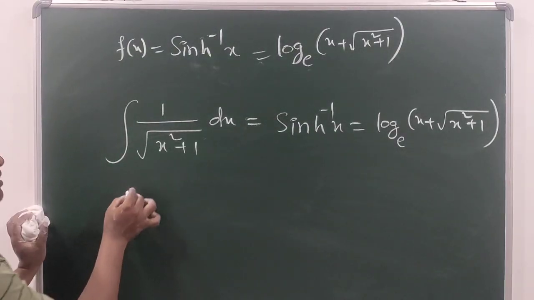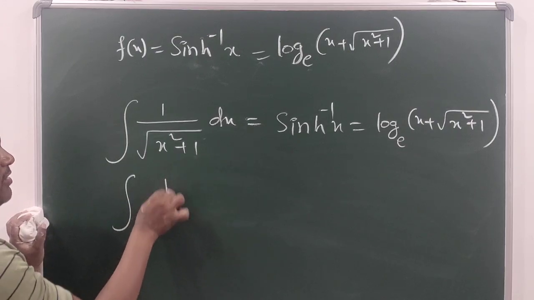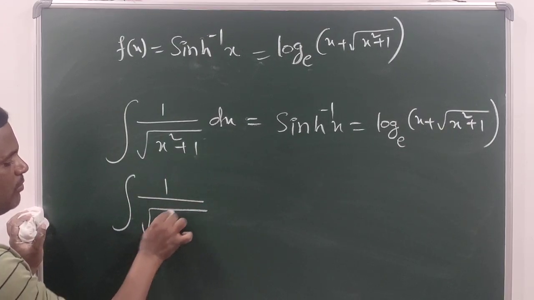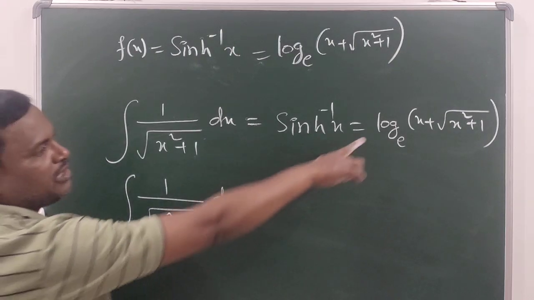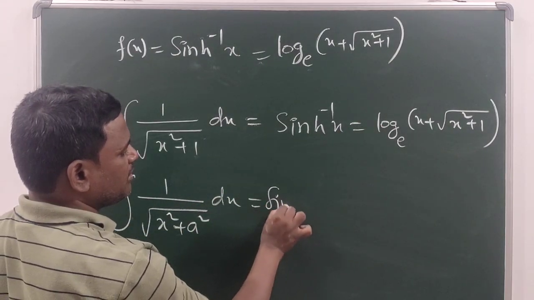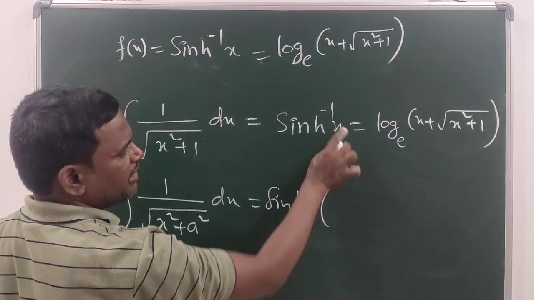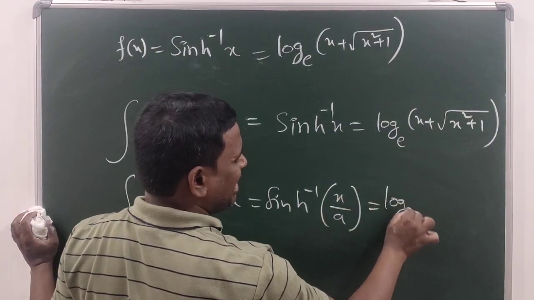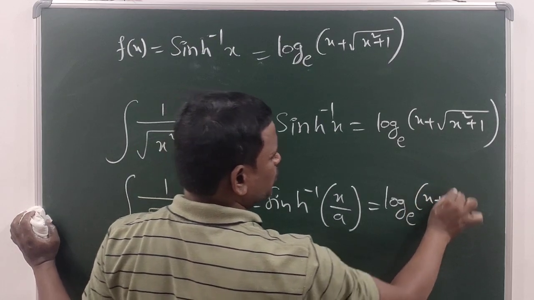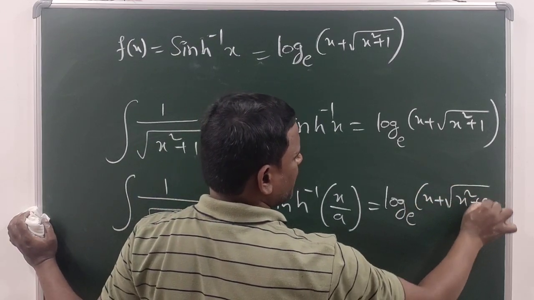Sometimes, in the place of 1, they will give you a square. Now, in the RHS also, sinh inverse of x by a is equal to log e of x plus root of x square plus a square.